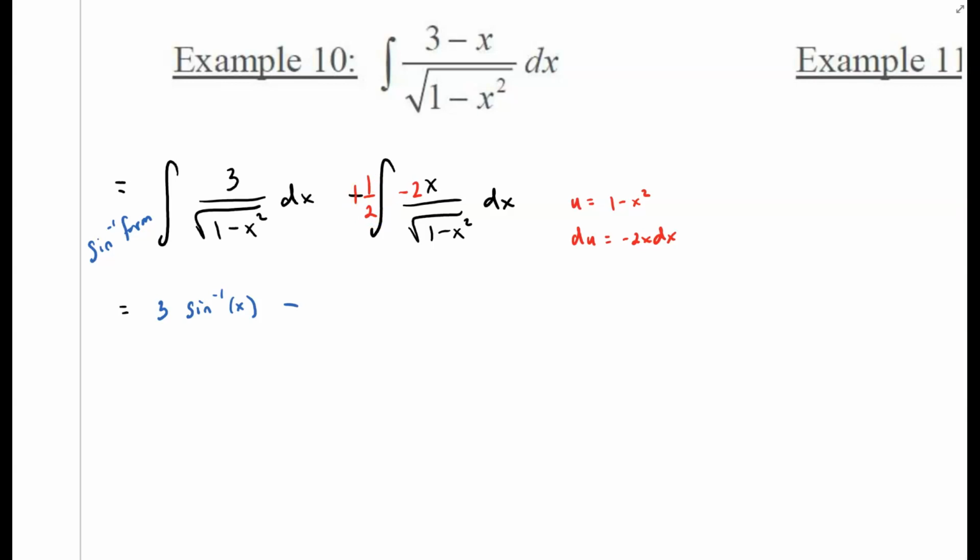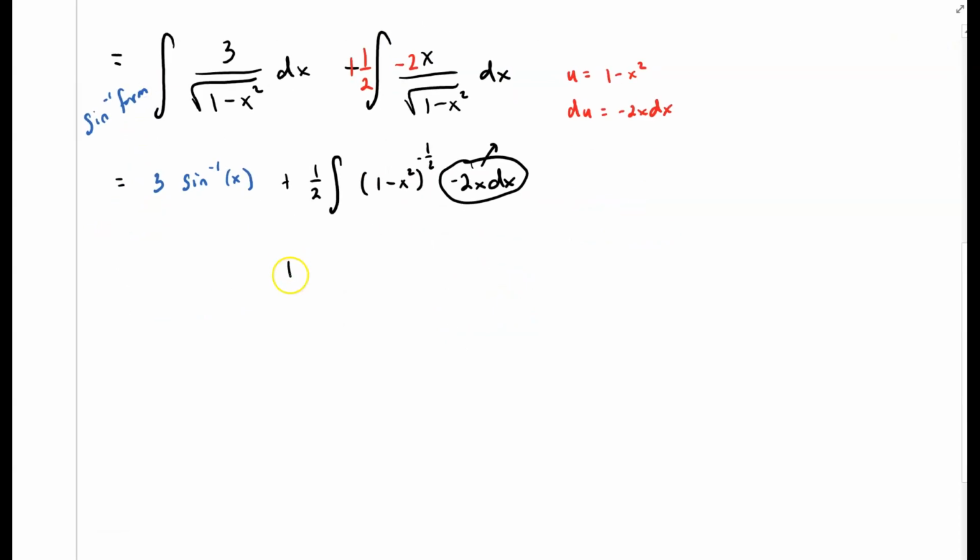And so let me rewrite this actually. So I have a plus 1/2 integral of 1 minus x squared to the power of negative 1/2 times negative 2x dx. And here is our hook factor that's going to go ahead and go away.